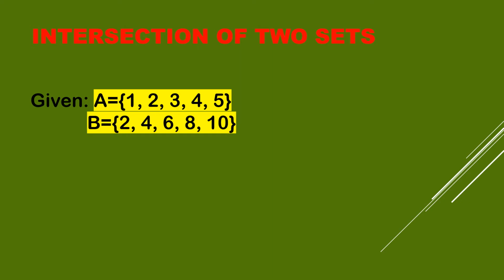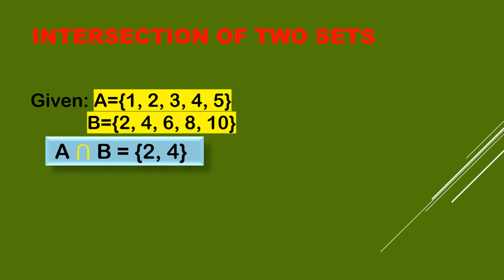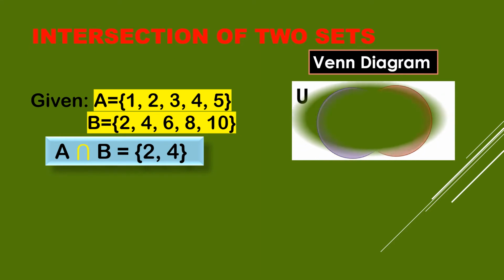Now we are going to draw the Venn diagram of our previous example. We have here set A and B. Ano yung common elements ni A at saka ni B? We have 2 and 4. We are going to draw its Venn diagram now. Paano natin mapapakita yung intersection ng dalawang given set? We have here our universal set and our subset.